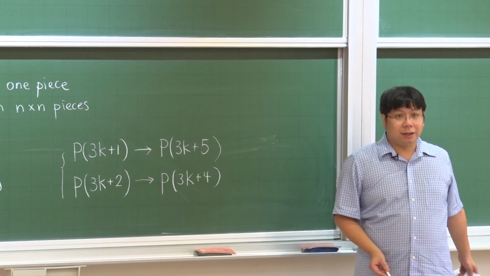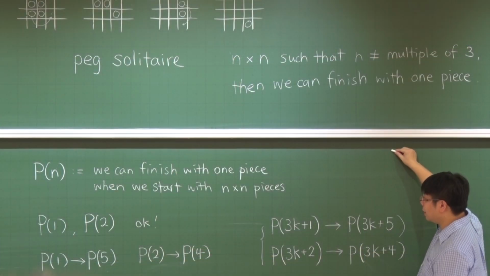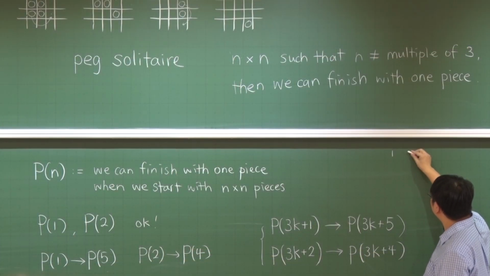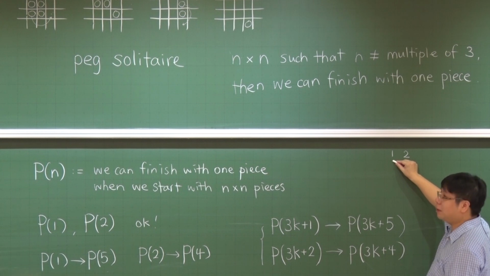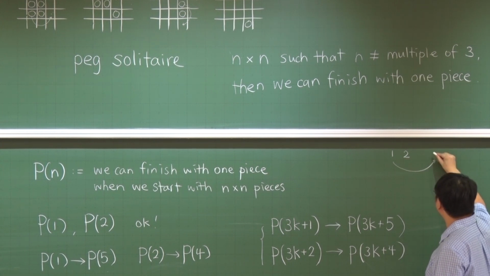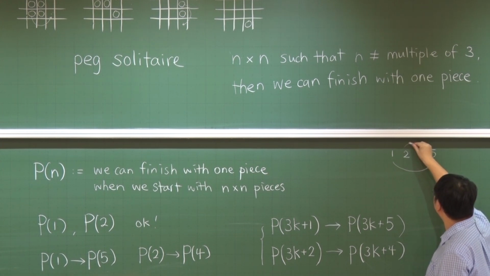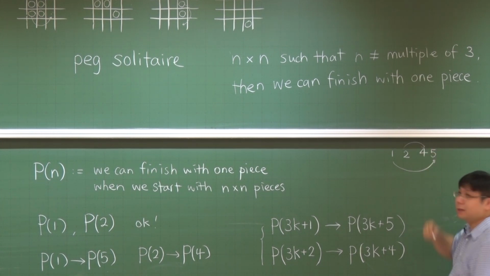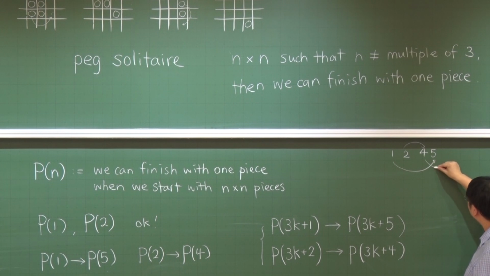And why does this work? Okay, so let's take a look. So we have 1, 2. 1 will imply 5, 2 will imply 4. Am I correct? And then 4 will now imply what? Imply 8. Is that okay?